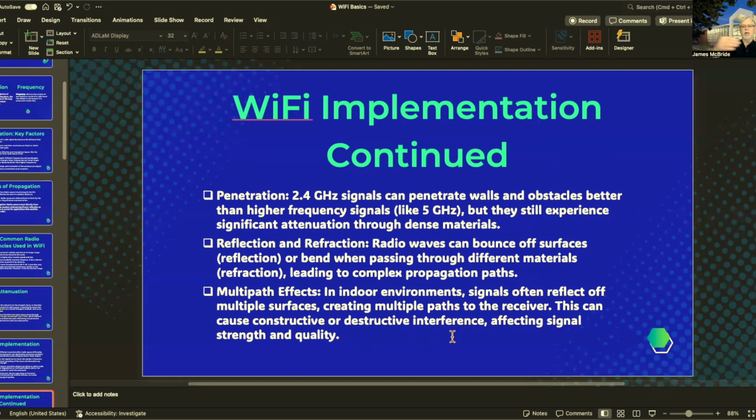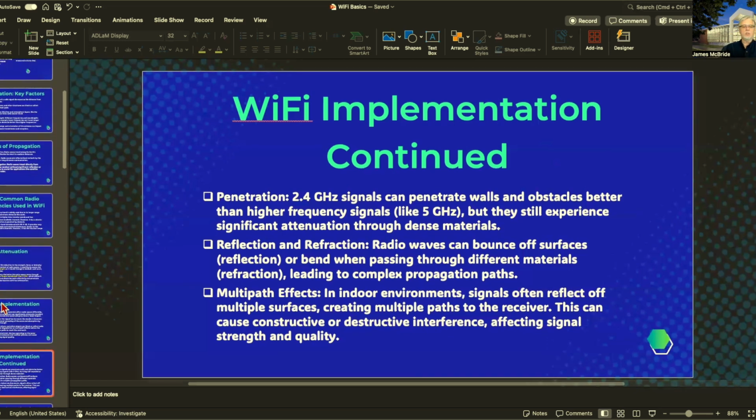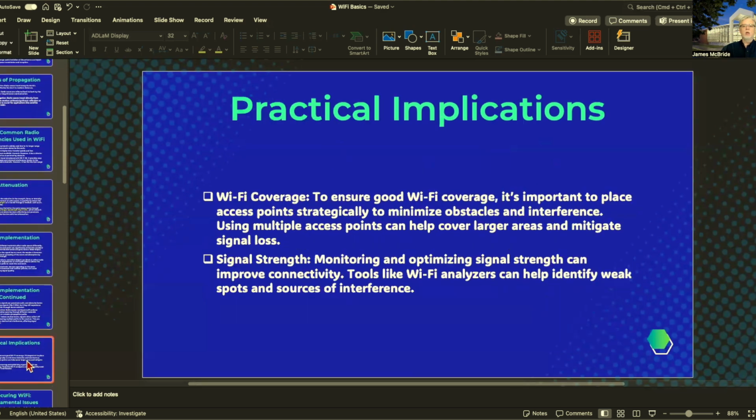If you've got multiple paths, but that radio wave is then hitting at the same time, you're good. That's going to be okay. But quite often, those multiple paths have some kind of obstruction. So this one's going to reach first, and then this one's going to come in second, and then you've got an issue.